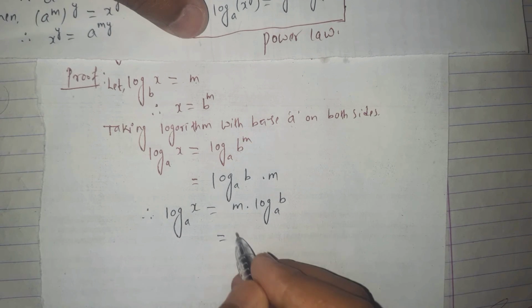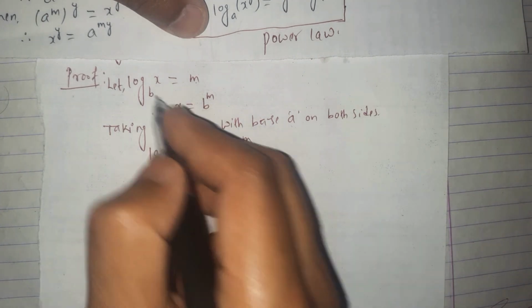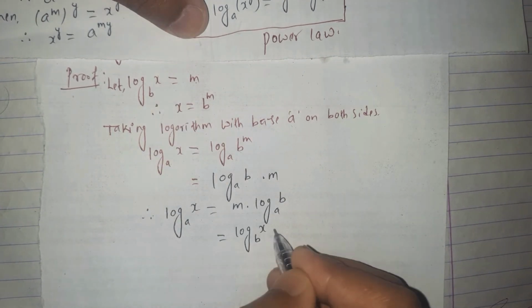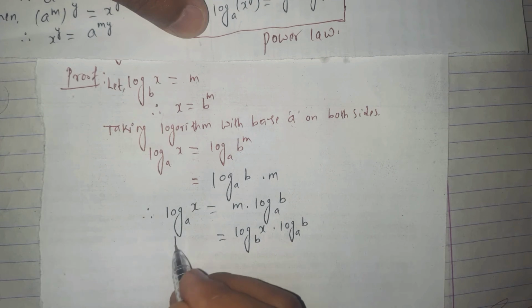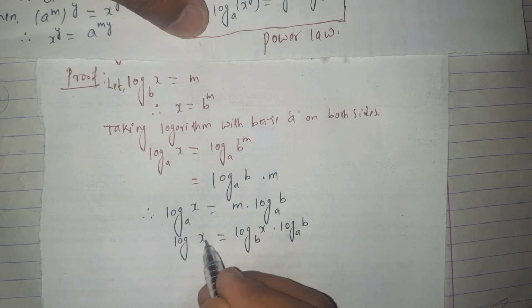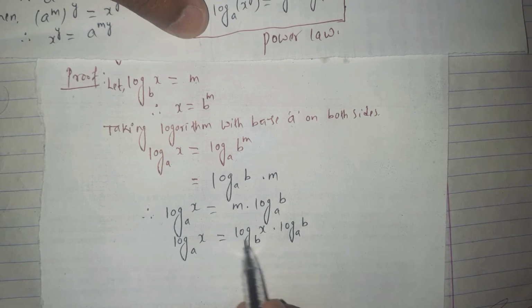Let's substitute the value, log of x with base b times log of b with base a. Therefore finally here we got a relation, log of x with base a. This can be written as log of b. Here the base of the logarithm is changed.